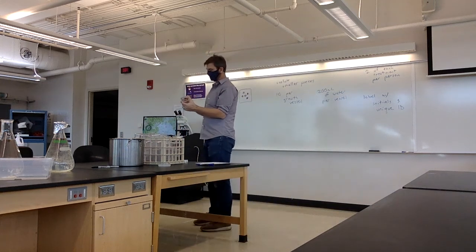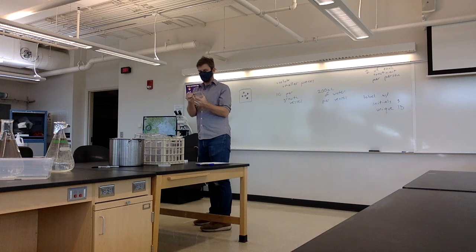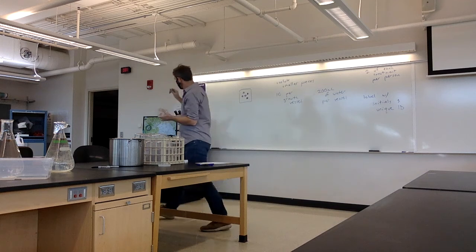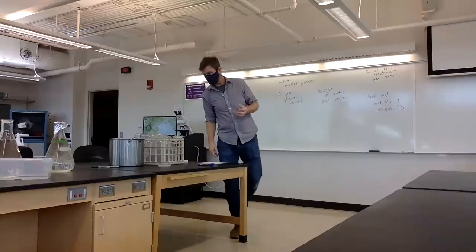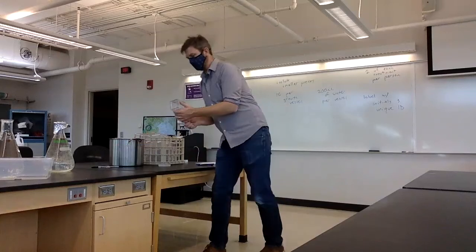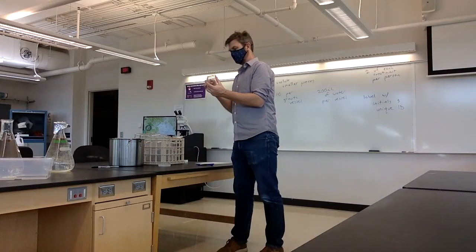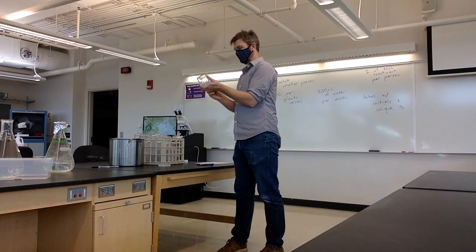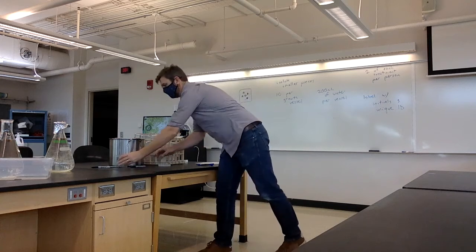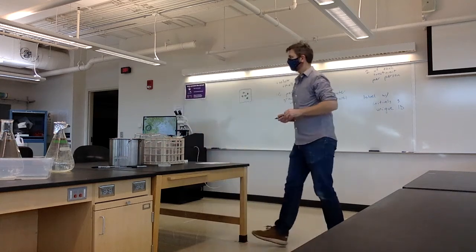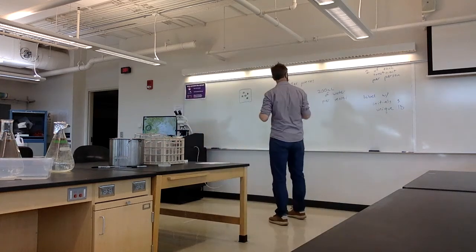You can just write with a Sharpie on the side if you want to just blot that out. Fresh Sharpie. Just put your initials on the side and then what the treatment is. And then if you have two replicates, you can call them A and B maybe, or 1 and 2.